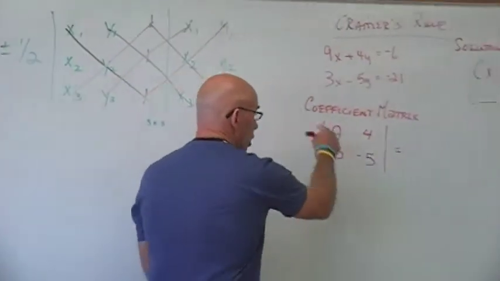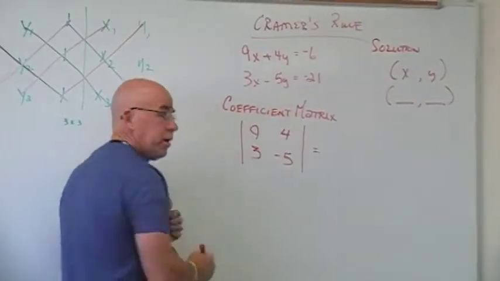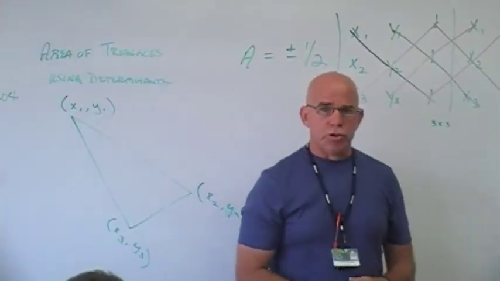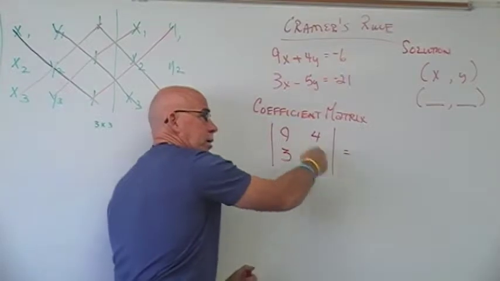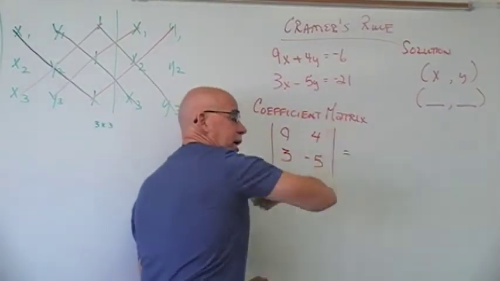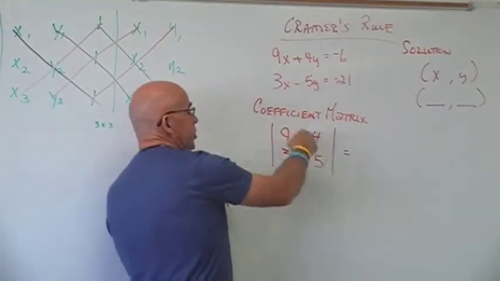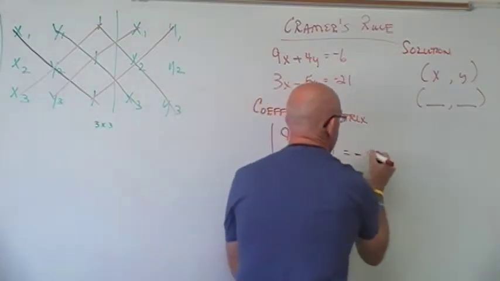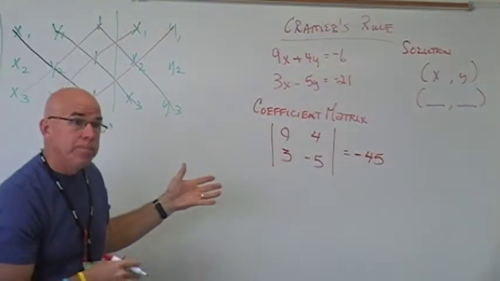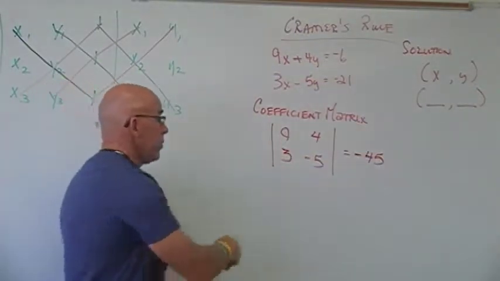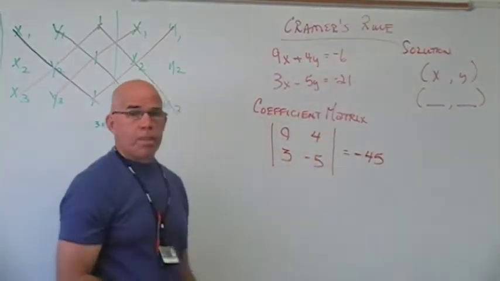All you do is, again, cross multiply. You do diagonals again, but you only have 2 sets to do. So you're going to cross multiply, and in this direction, are you going to add or subtract? If that direction, you're going to add or subtract. So this gets you a negative 45. All you have to do is multiply and subtract. If I multiply that correctly, that's negative 45. If I multiply this correctly, what do I get?